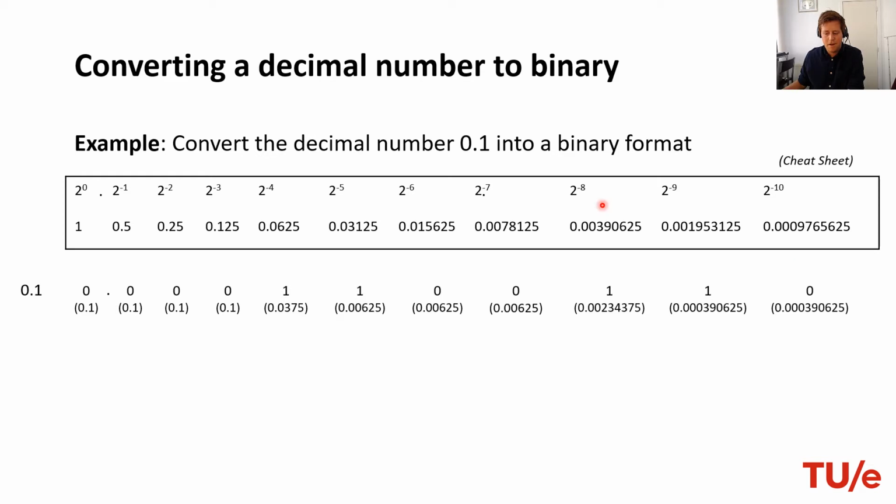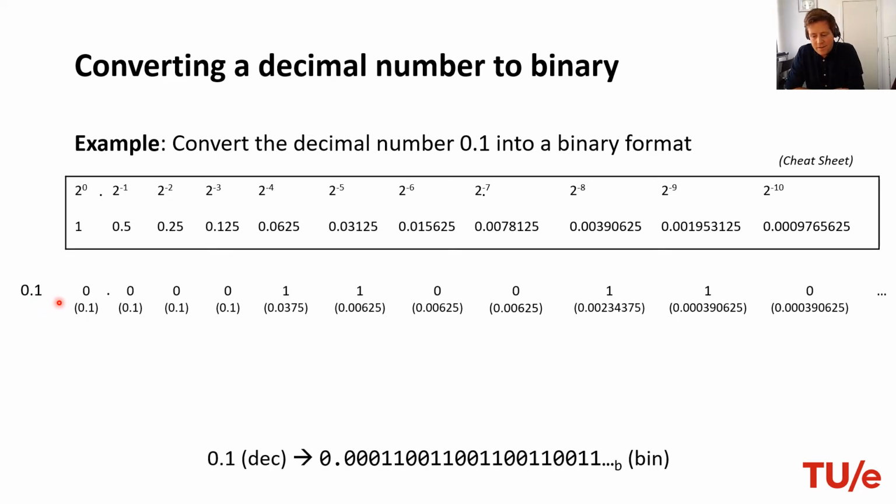It seems to be hard to find actually fitting numbers to nicely represent 0.1 in binary. And actually, it's the case that, well, you can keep on doing this forever. So you can keep on adding digits or bits to your binary representation, but you will never exactly fill the decimal number 0.1 into a binary format.